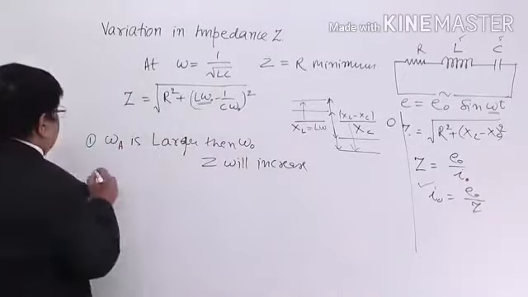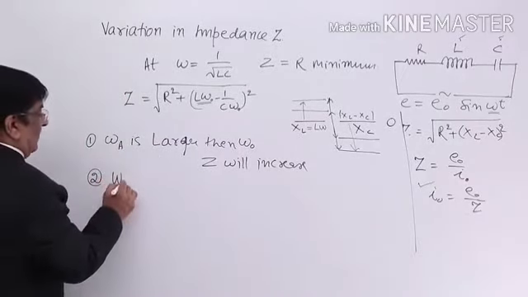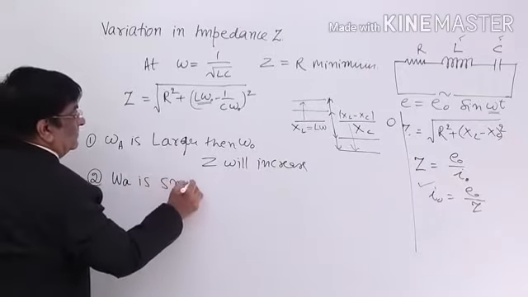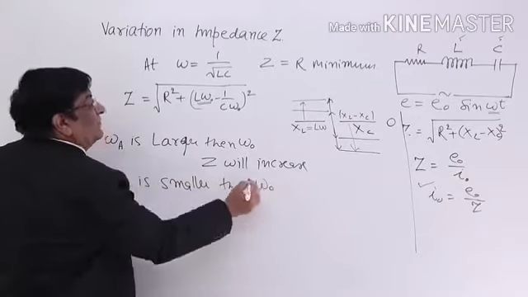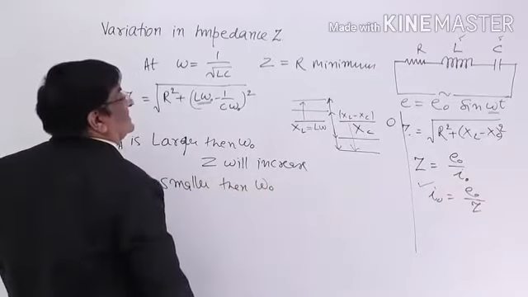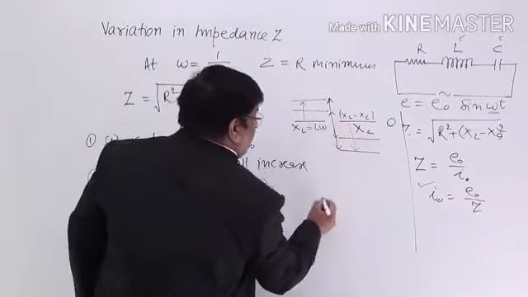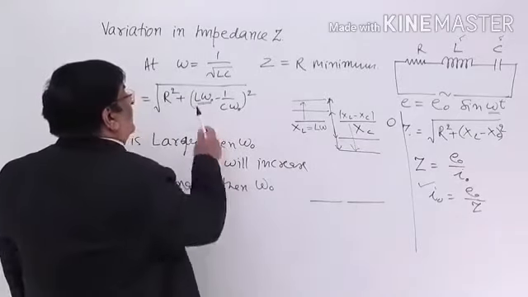Now we see if we are decreasing omega, so omega applied is smaller than the natural frequency. Earlier both were equal when Z was minimum, now what we are doing?